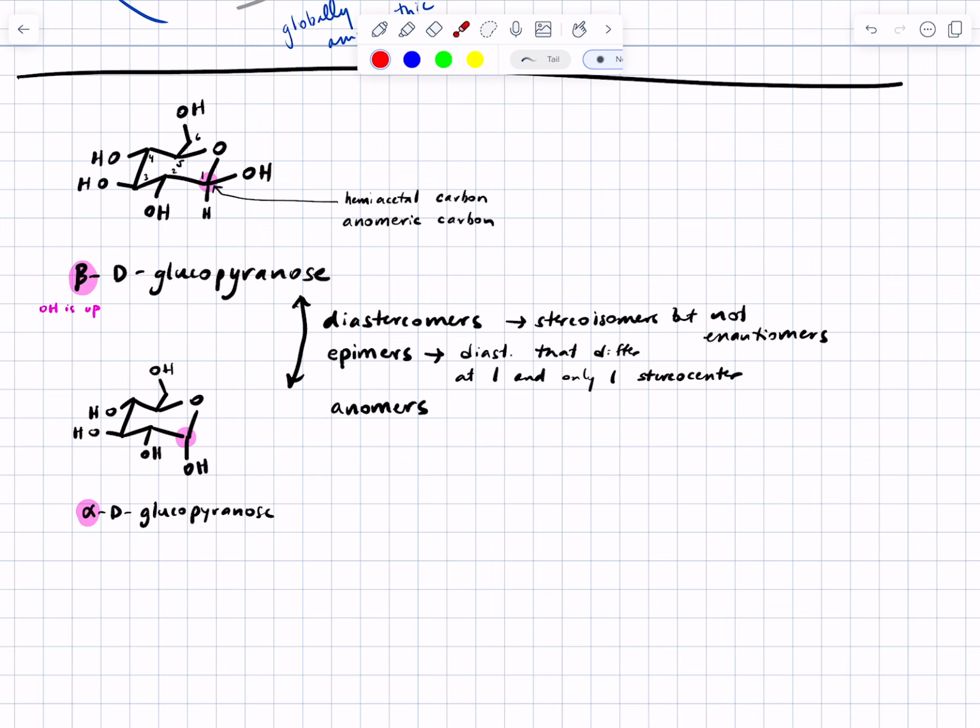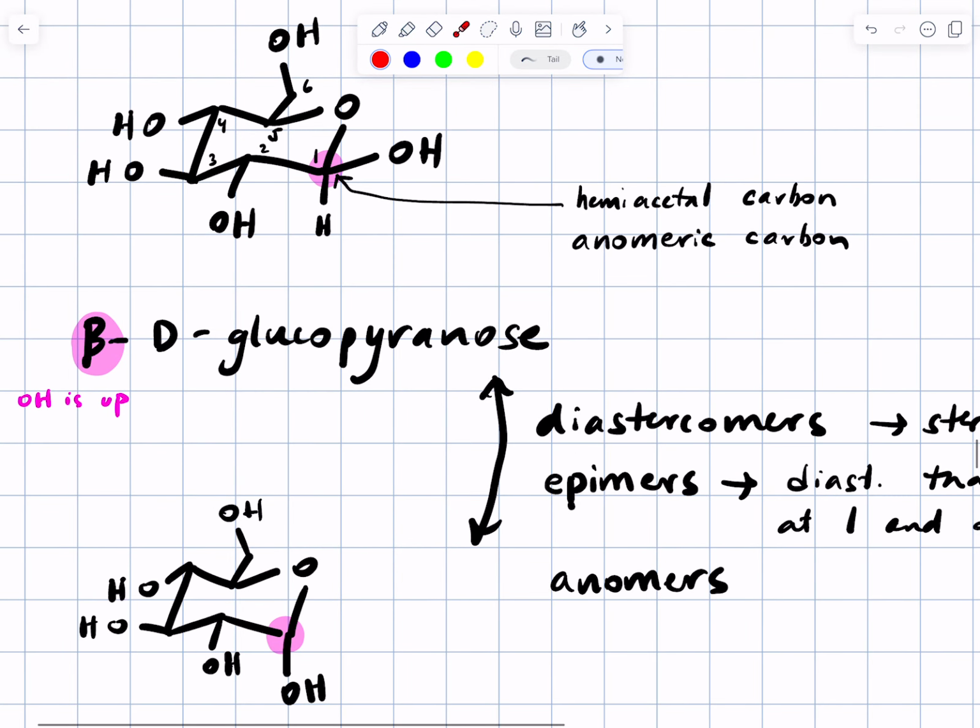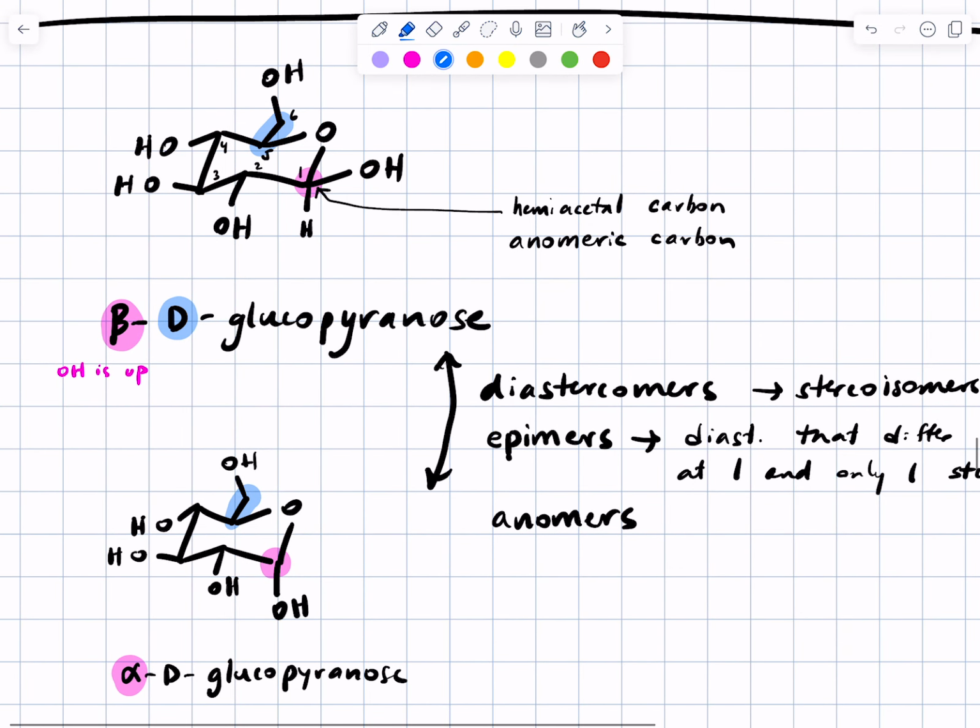Okay, what's the D about? Well, the D is about the stereochemical configuration of carbon 5. D comes from an old-timey way of talking about stereochemistry, L versus D. It's sort of related to left hand versus right hand, handedness.